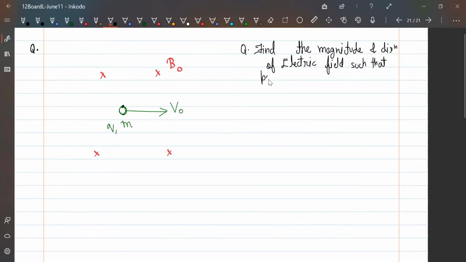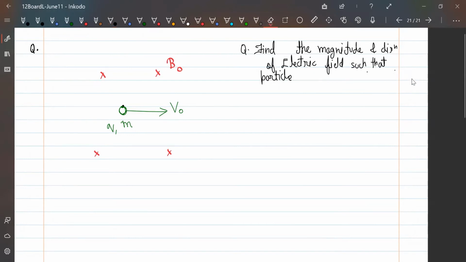Such that particle keeps on moving with v naught, or velocity does not change.